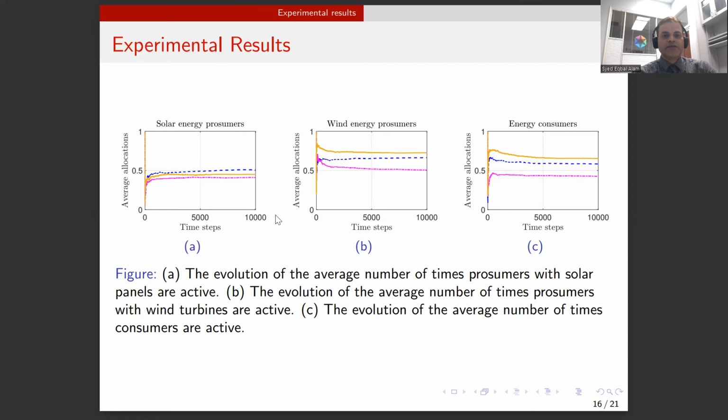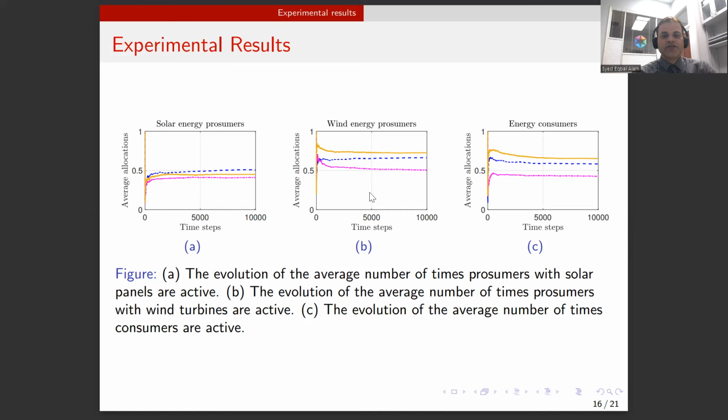We obtain the following results. This figure shows the evolution of the average number of times prosumers with solar panels were active, the average number of times prosumers with wind turbines were active, and the evolution of the average number of times consumers were active. We can observe that the average number of times prosumers with solar panels were active converges.